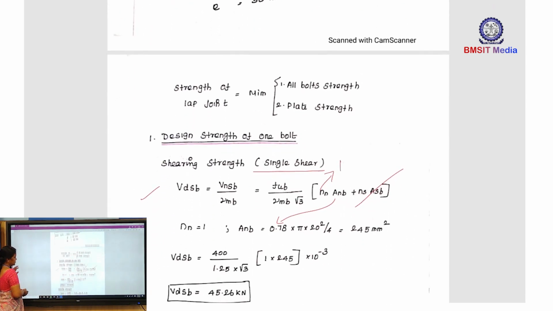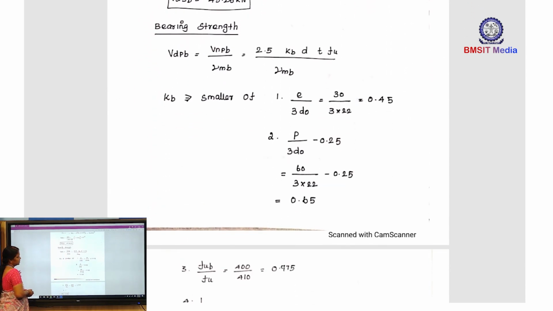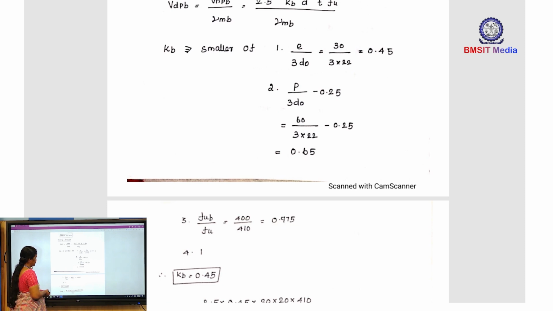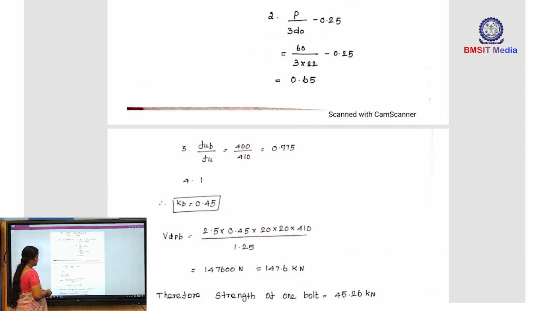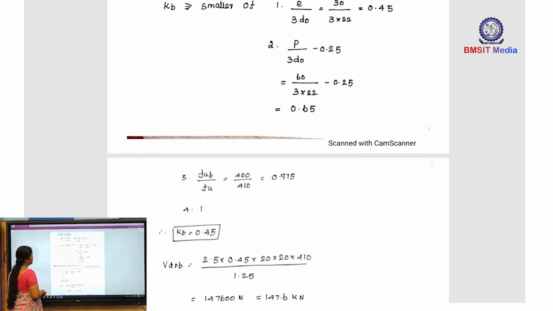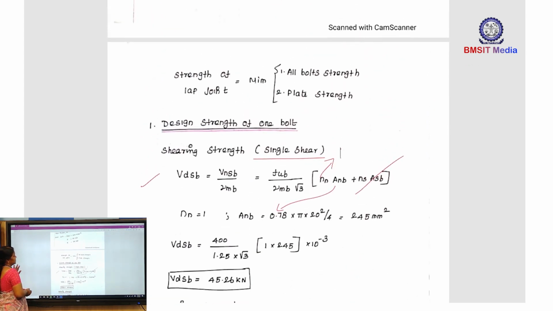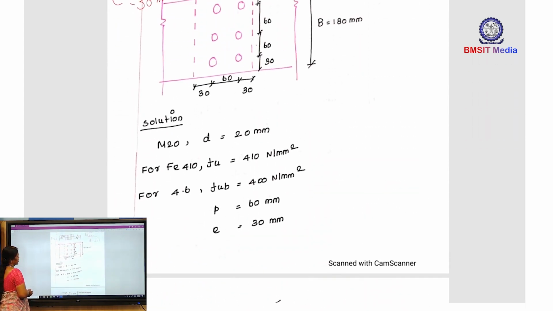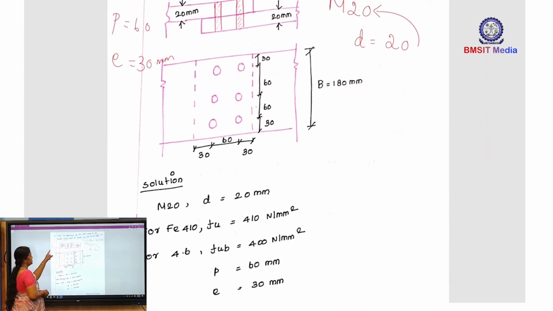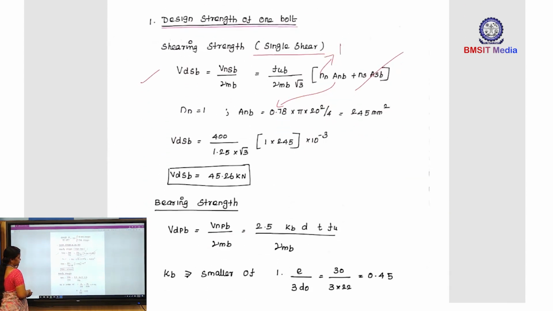So, substitute these values in the formula and find out kb, the smaller of the values. Here the smaller value is 0.45; substitute here and find out the answer. Here t equal to thickness of the plate. Two main plates are there, both the same thickness, 20 mm and 20 mm, so use 20 mm here.